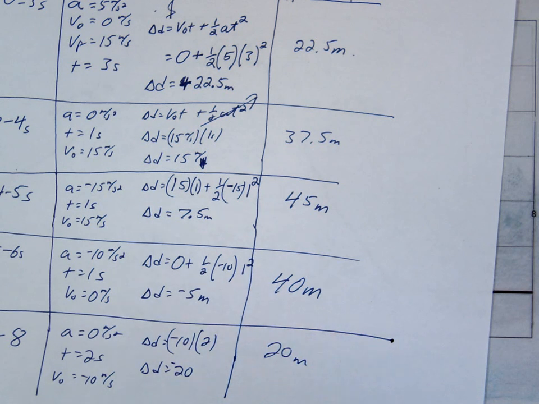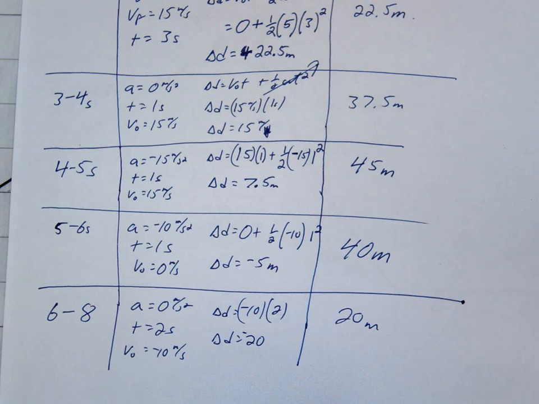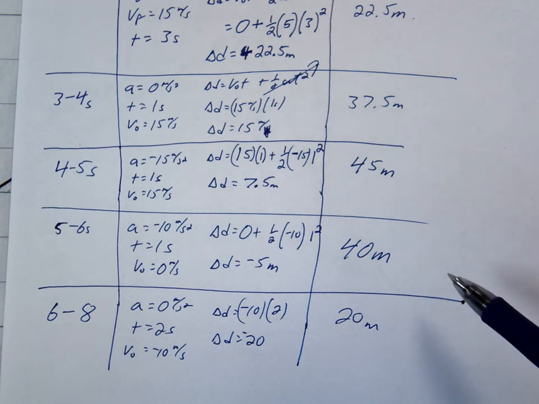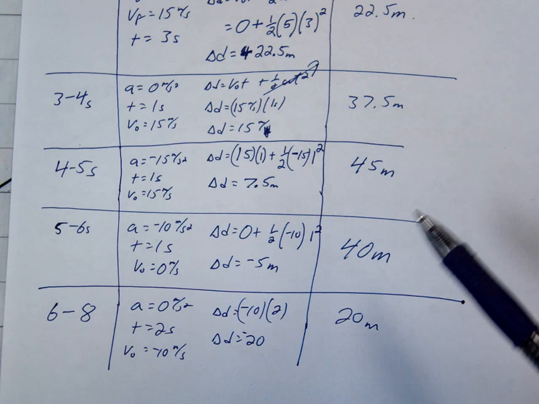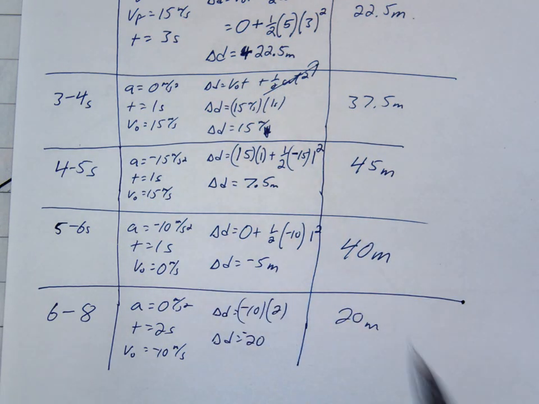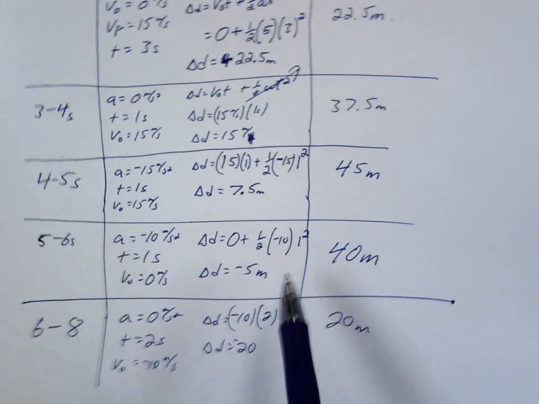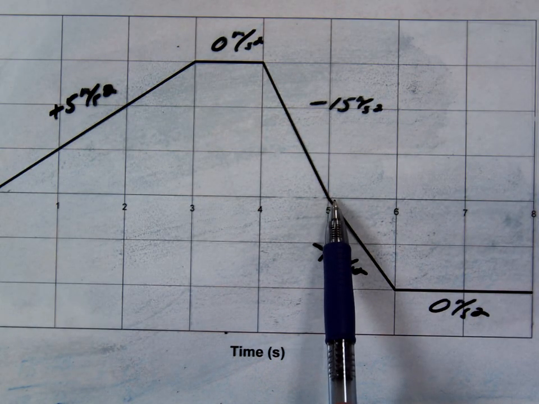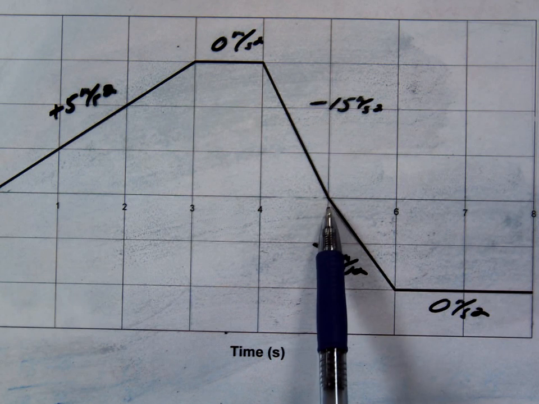Okay, so hopefully you're close to getting done. Take a look at how far you've gotten so far. Check your answers. Notice what's happening. Why is our displacement negative on 5 to 6? What happened at 5? We stopped, and then what happened?